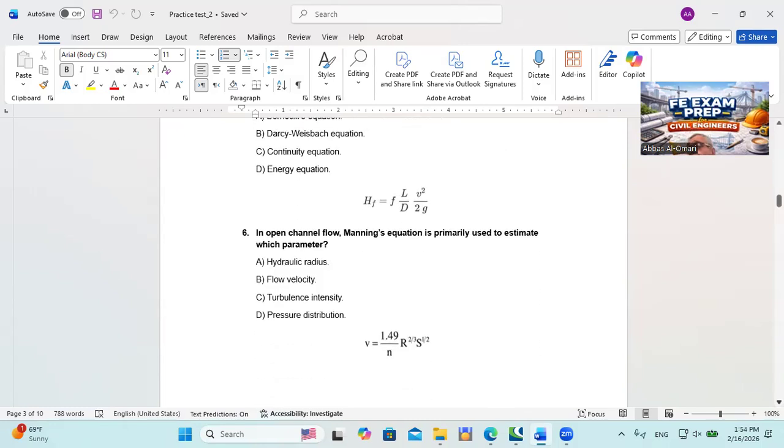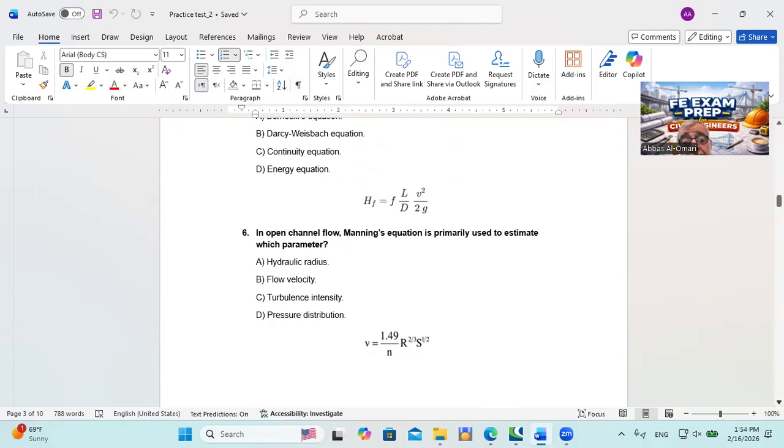Now, the next question: in open channel flow, Manning's equation is primarily used to estimate which parameter? We all know that Manning's equation is used to determine the flow velocity in open channels.